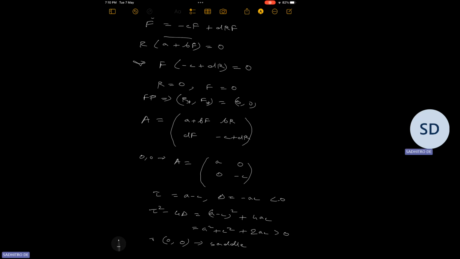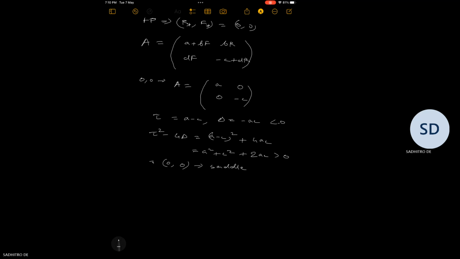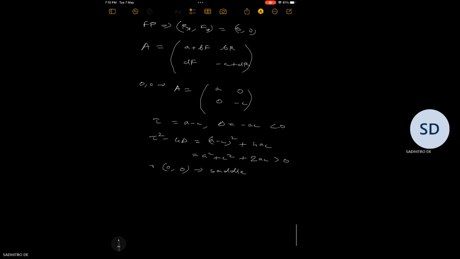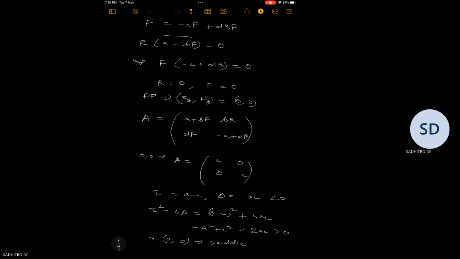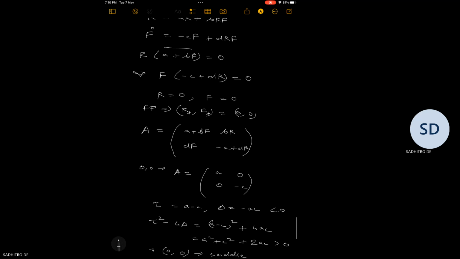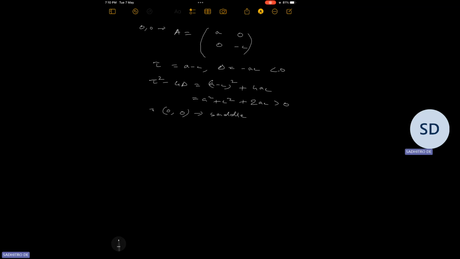And as we saw from our analysis, the origin in fact is the only fixed point unless both A and B are 0. So that solves a related problem.